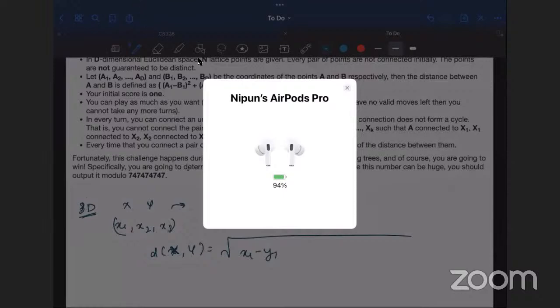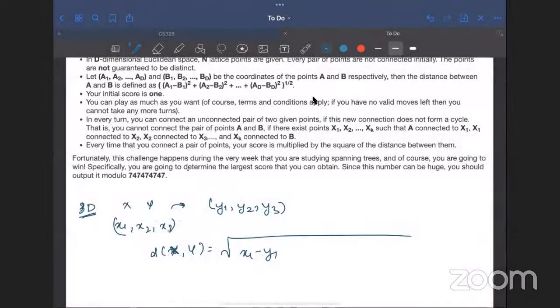Is it still breaking, or is it fine? It's fine for me. Okay, fine, thanks.